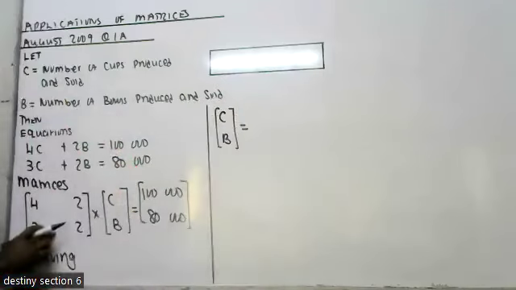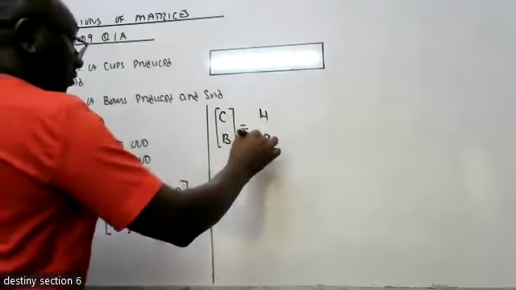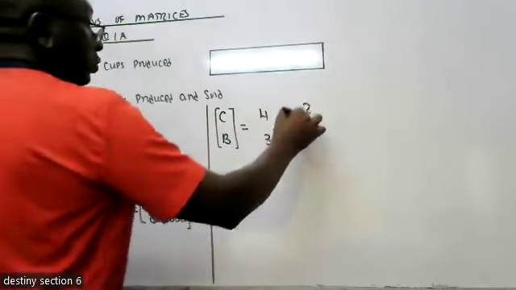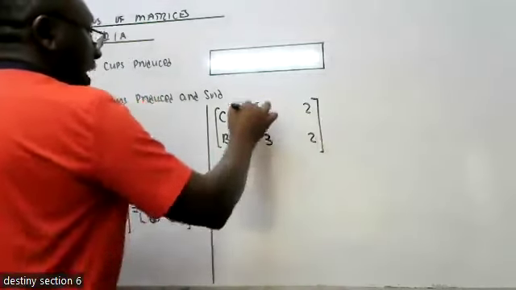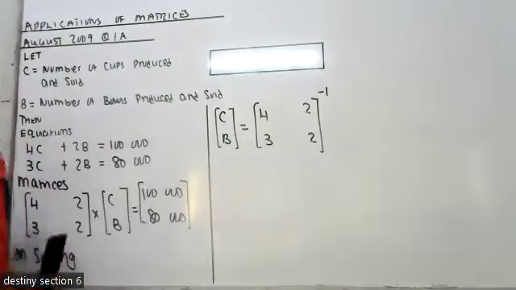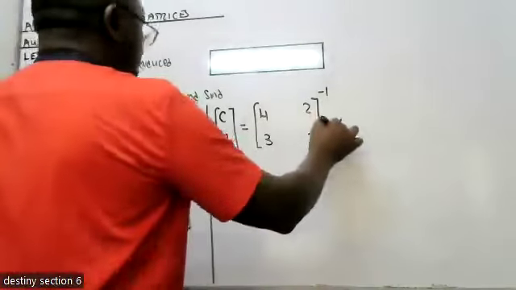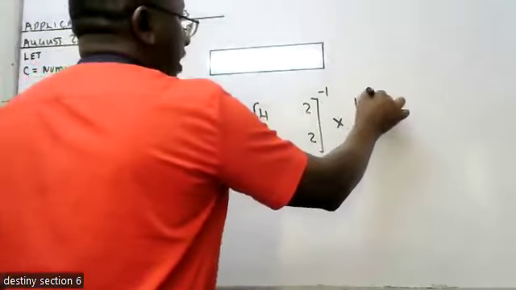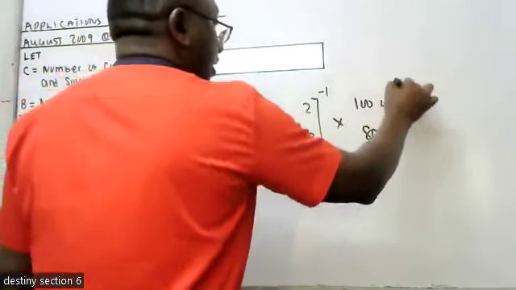And then you bring this one to the other side: 4, 3, 2, 2. Because it has changed sides, it comes in as inverse, to multiply this 100,000 and the 80,000 here.